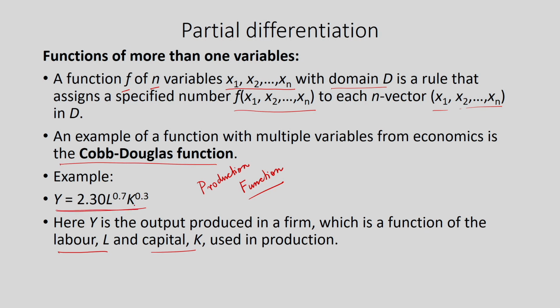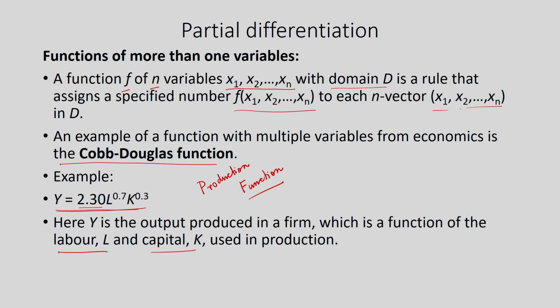And in this particular case, look at the form of the function. First we have a constant, here it is 2.30, then multiplied by L to the power 0.7 and K to the power 0.3. So, both L and K have their powers, and these powers in this particular case both of them are less than 1.